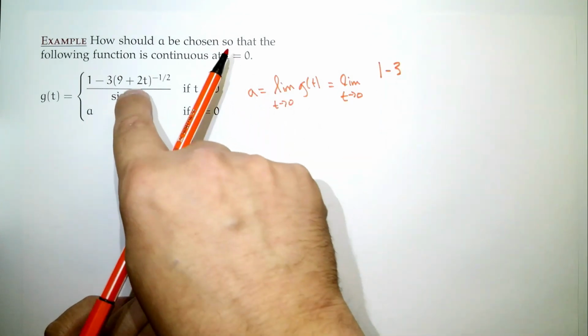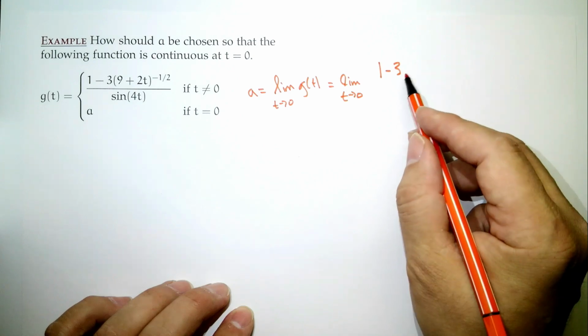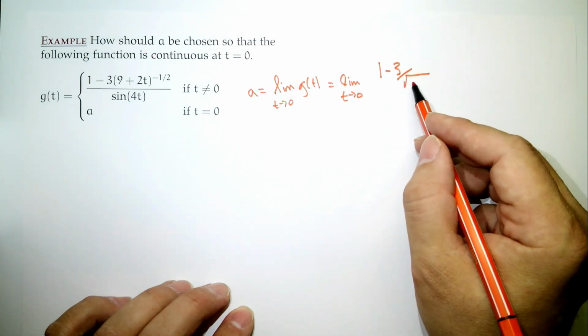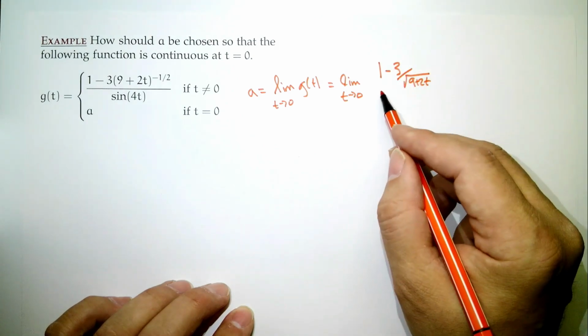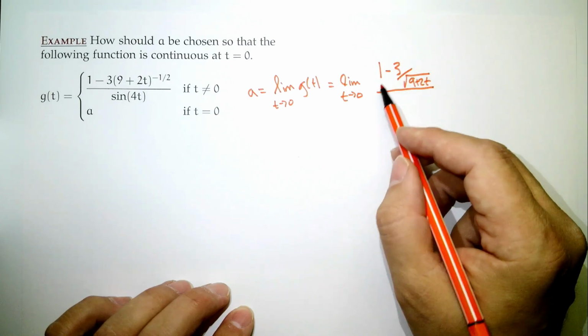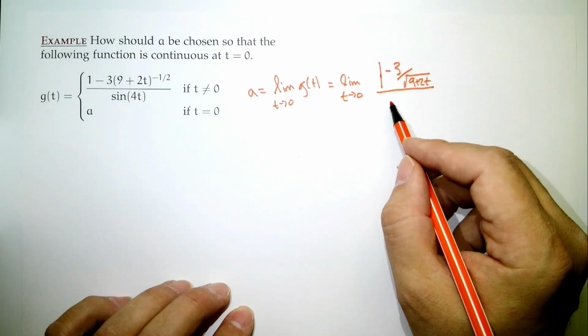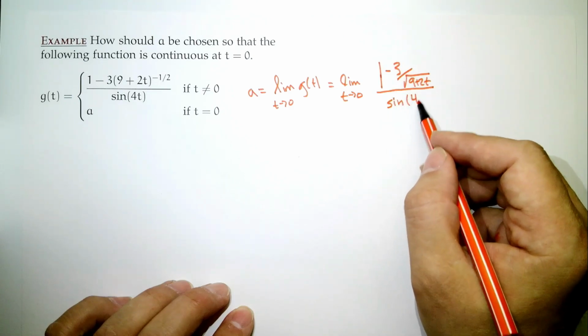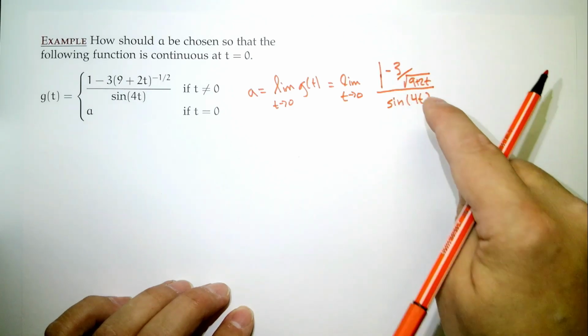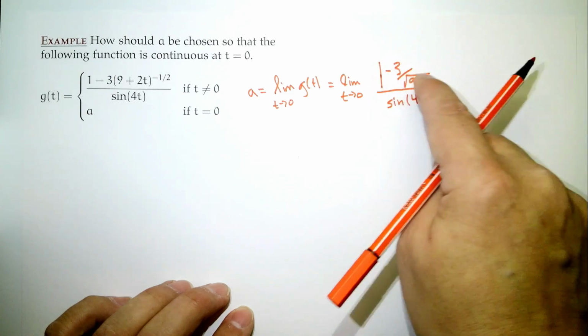Instead of writing it as 9 plus 2t to the minus one half, we'll write it as a square root of 9 plus 2t downstairs. So 1 minus 3 over square root of 9 plus 2t, and then we have sine of 4t. And I don't like a fraction within a fraction.